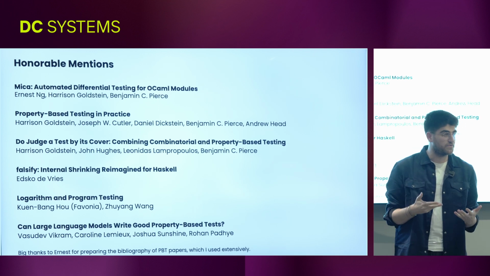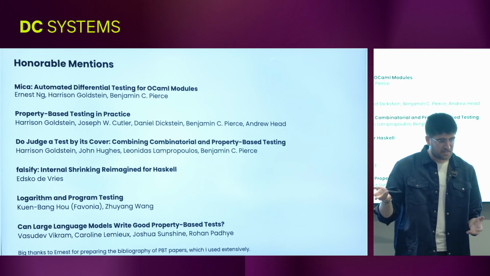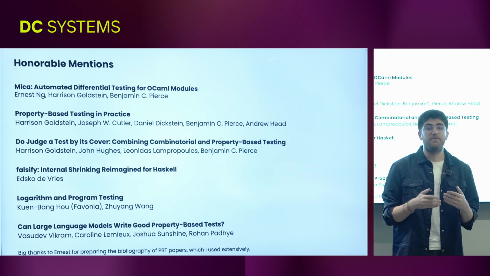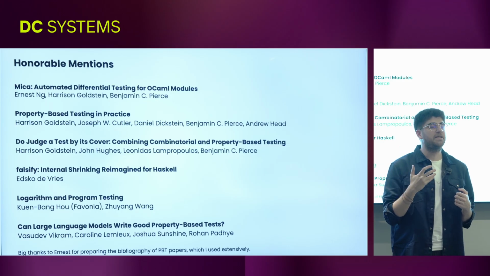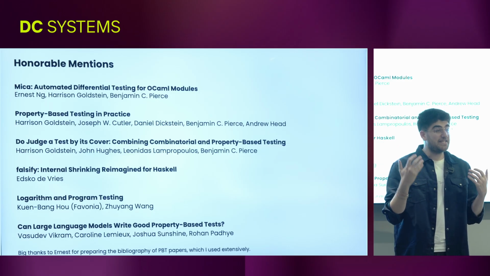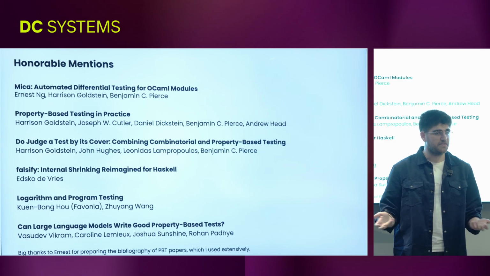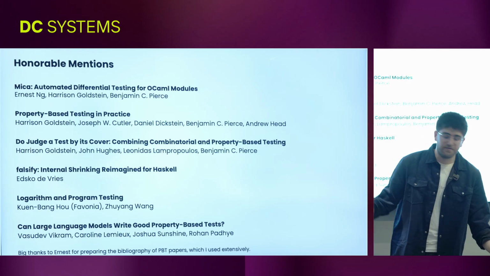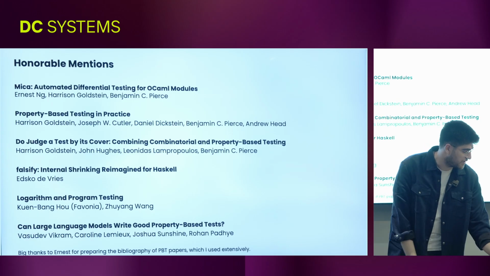You can sometimes have different types of shrinking that is better. And in logarithm and program testing, the authors are basically showing that we can also test polymorphic programs with PBT, not just monomorphic ones. And in the last paper, we see LLMs can also help us write better properties.